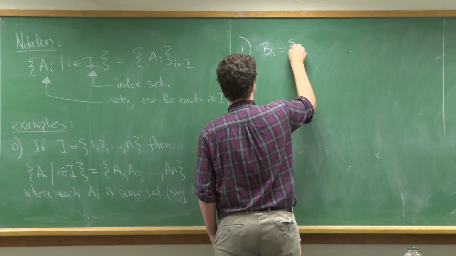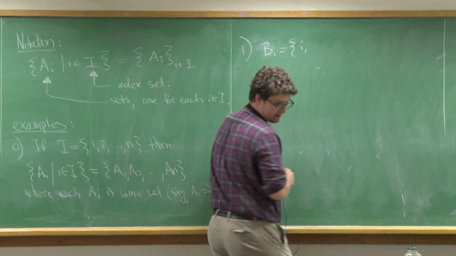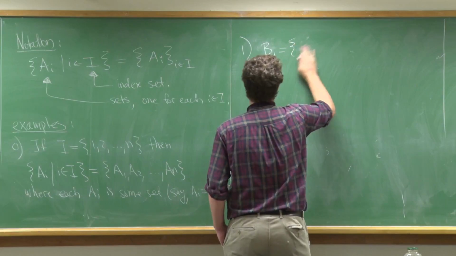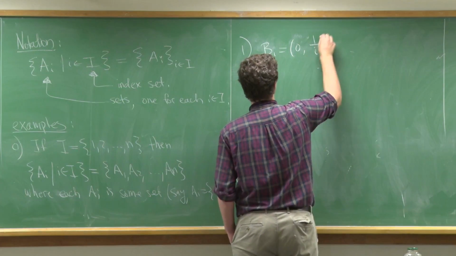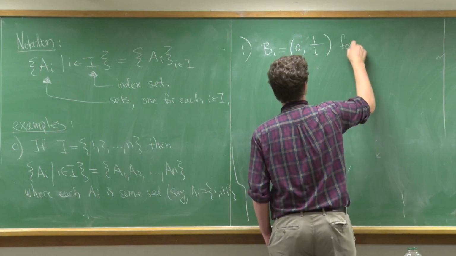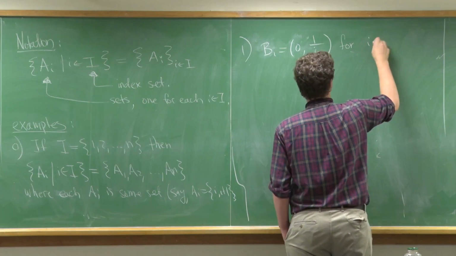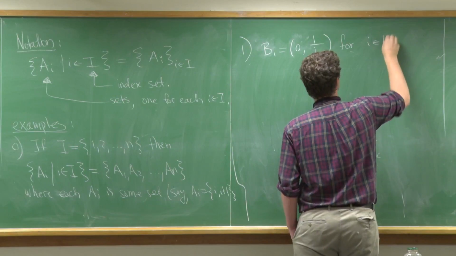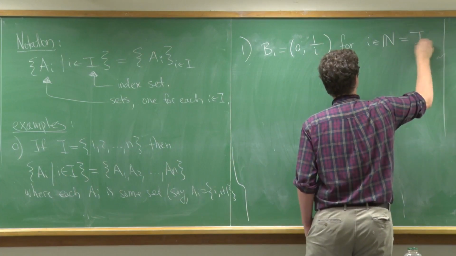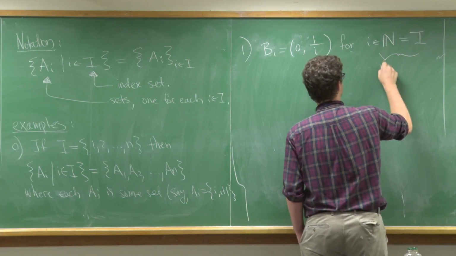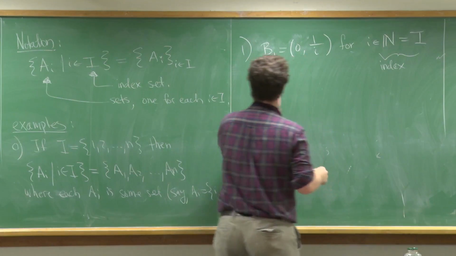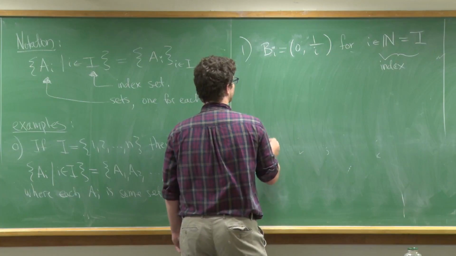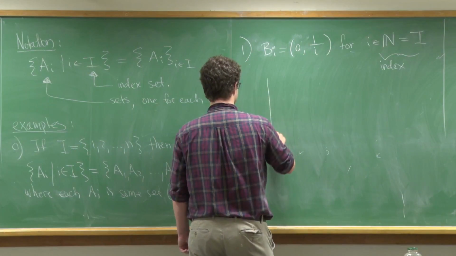Okay, so let's do this interval here, (0, 1/i) for i in, let's say, the natural numbers. So this is our index set here. This is the index set, this particular collection of natural numbers. And these are our sets like so. Okay, so let me do a drawing here.